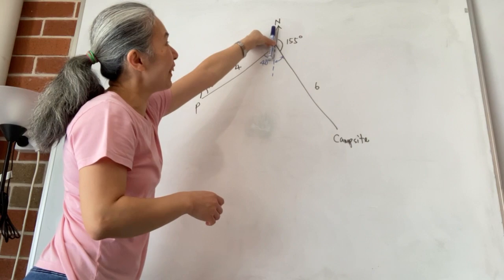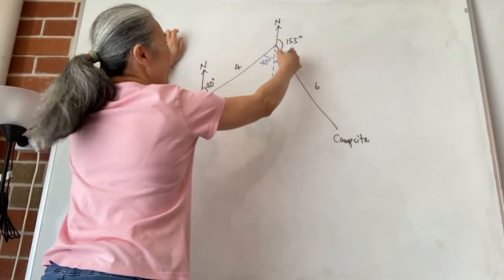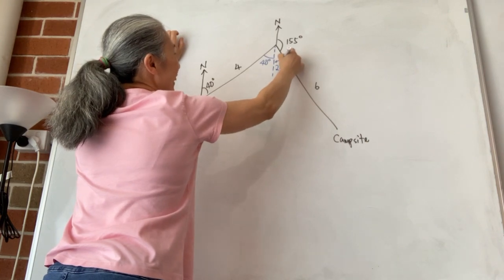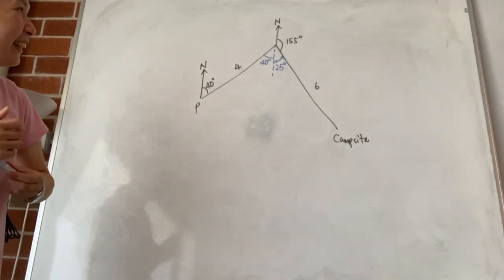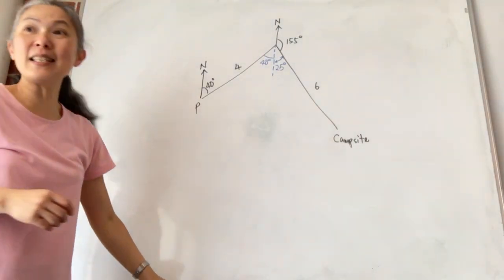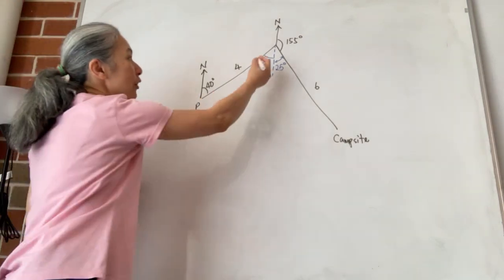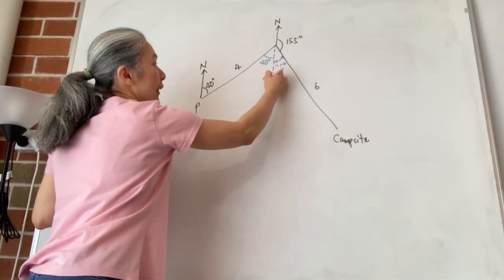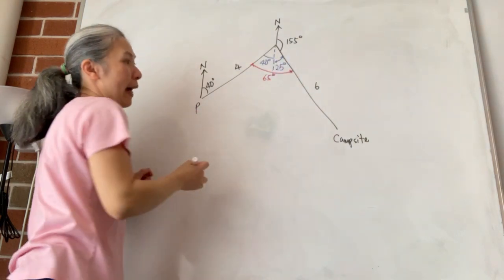So you do 180 minus 155. I added a 40 on. So you have 25. That means if we add it together, these two angles end up being 65 degrees, right? Okay, that's what I have.